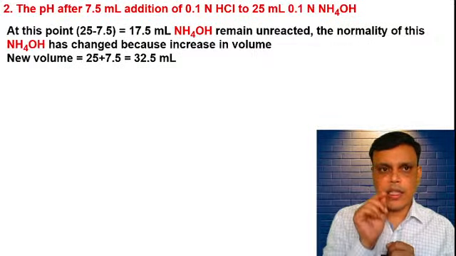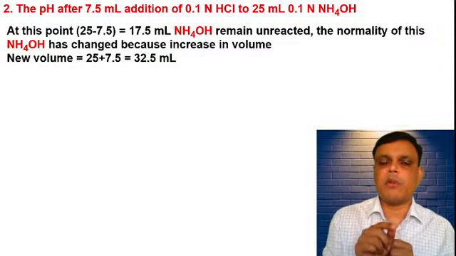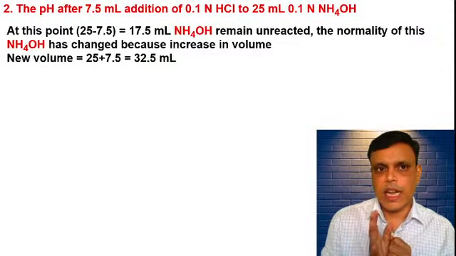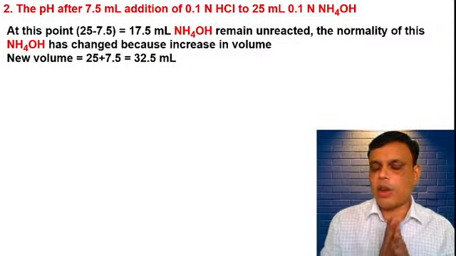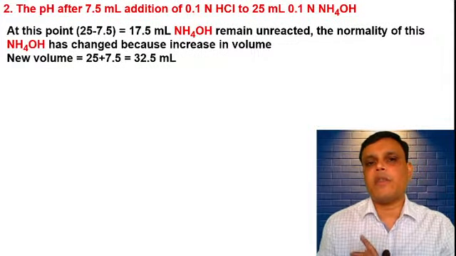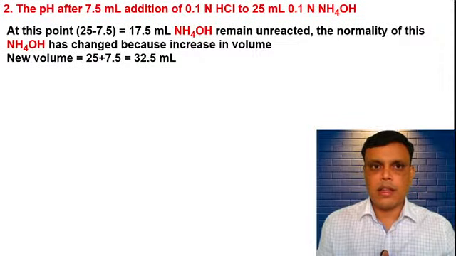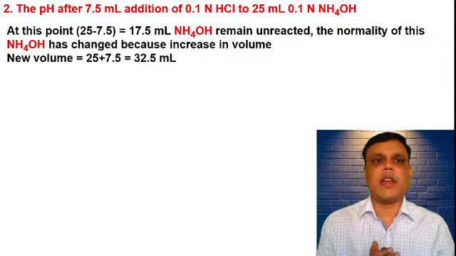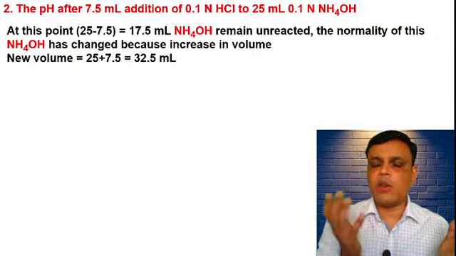That means the 7.5 ml of HCl will react with 7.5 ml of ammonium hydroxide. So if 7.5 out of 25 has reacted, how much remains? 17.5 ml of ammonium hydroxide will remain unreacted, and the normality of this ammonium hydroxide will change because the volume increases.